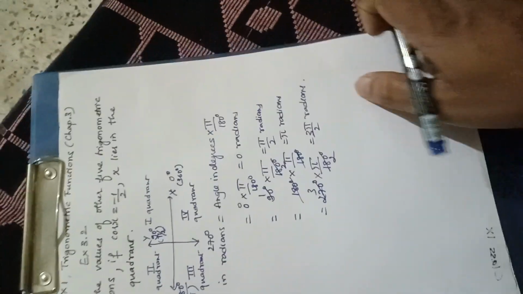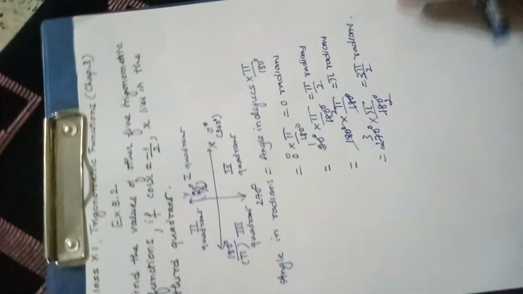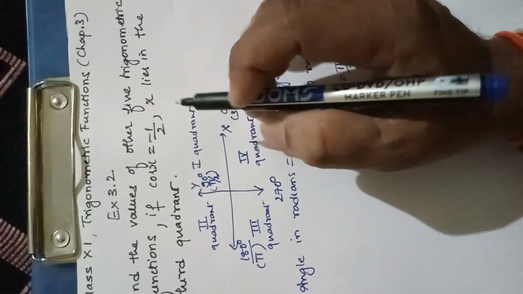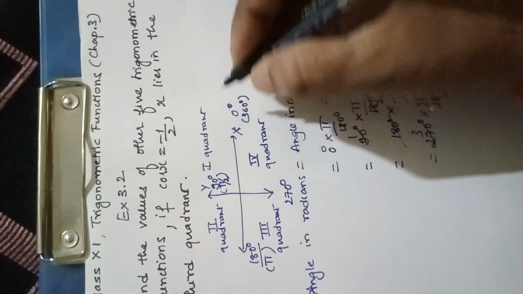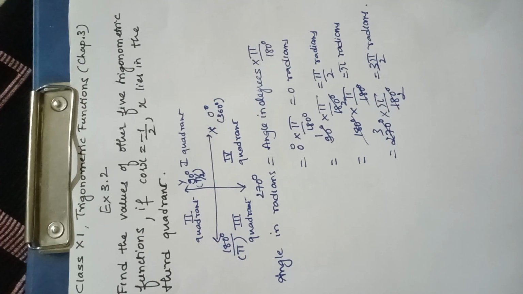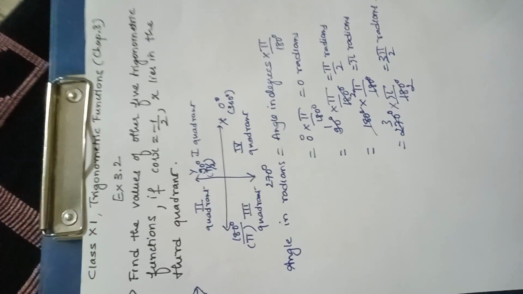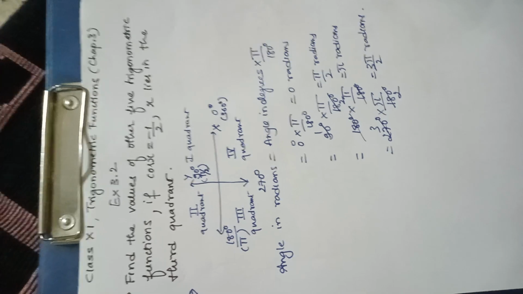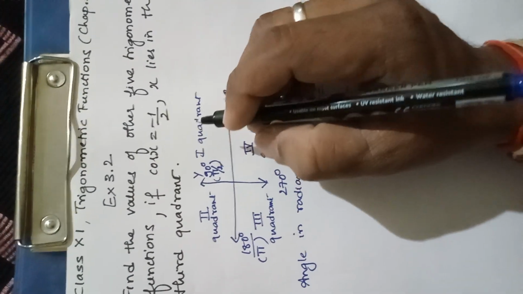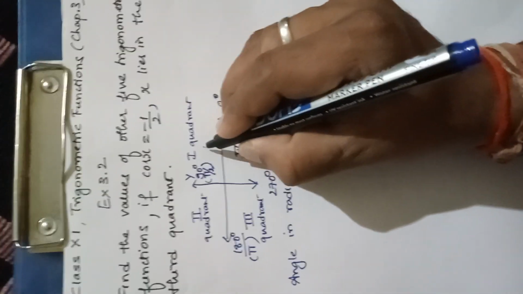Now why are we discussing the quadrants here? In the first quadrant, all the 6 trigonometric ratios will be positive. You know these: sine theta, cos theta, tan theta, cot theta, cosecant theta and secant theta. So all the trigonometric ratios will be positive in the first quadrant.